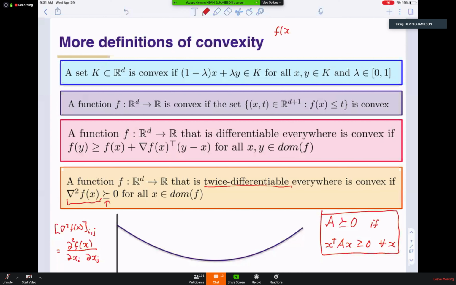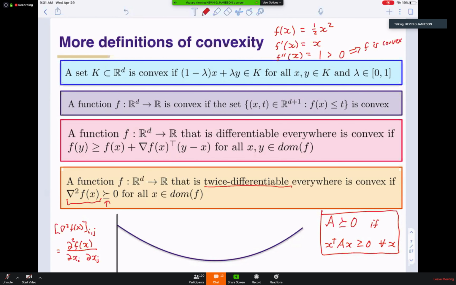So if f of x is equal to say 1/2 x squared, then f prime of x is equal to x, and f double prime of x is equal to 1. In this function, 1 is greater than 0 for all x, obviously. And so immediately that implies that f is convex, in a very simple proof.